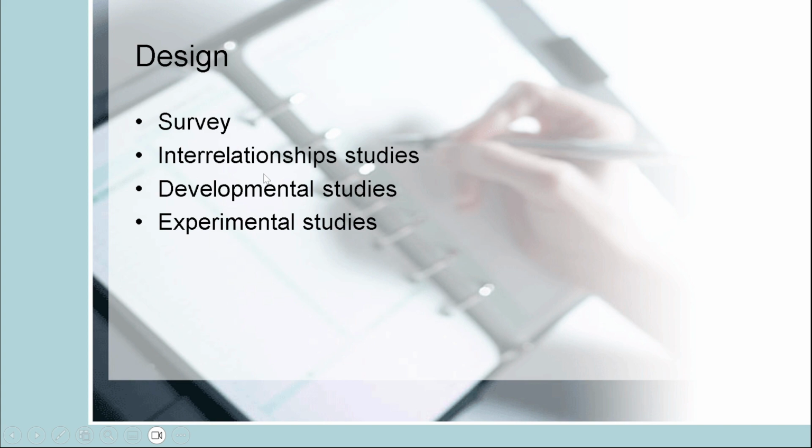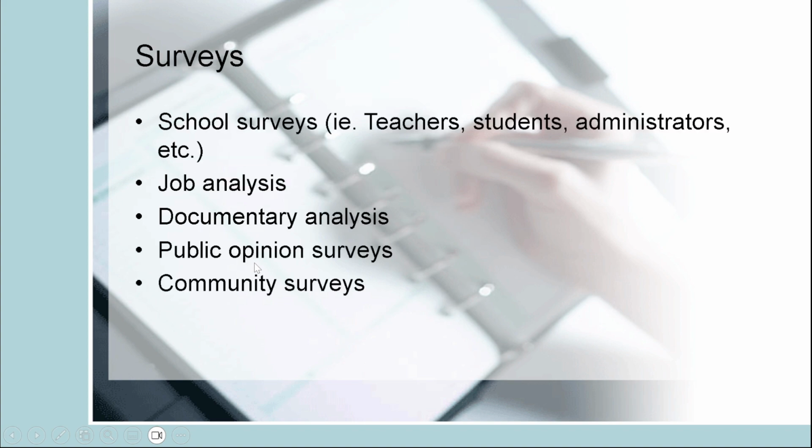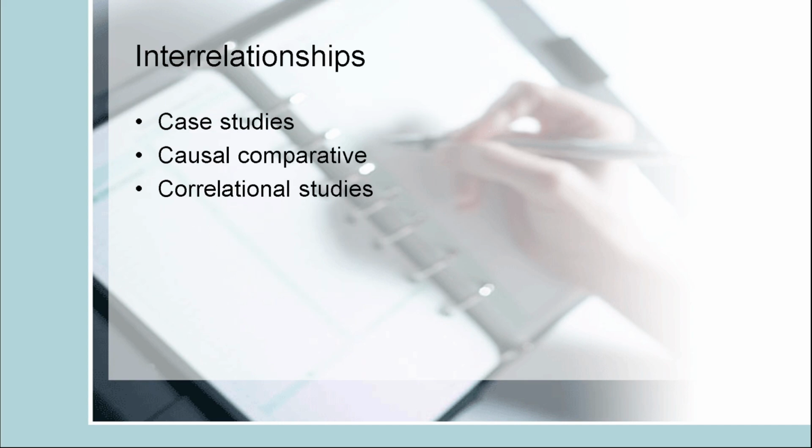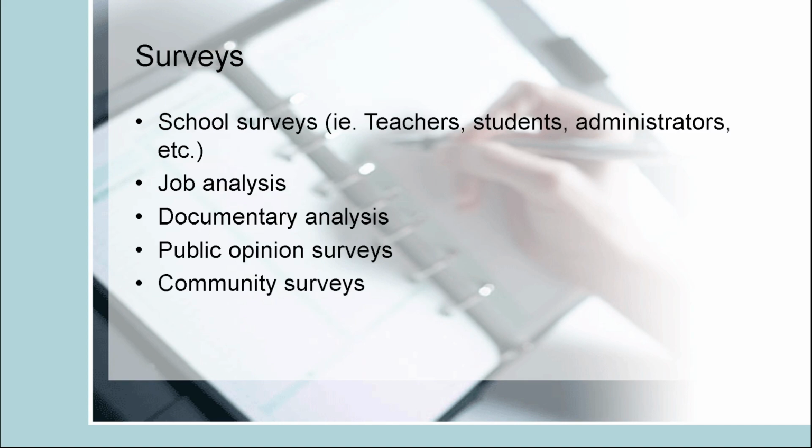In terms of design, you have to put the survey, interrelationship studies, developmental studies, and experimental studies. Surveys refer to the recipients of your research. If it is a company, you will probably include the customers of the company, the management of the company, and the employees of the company.